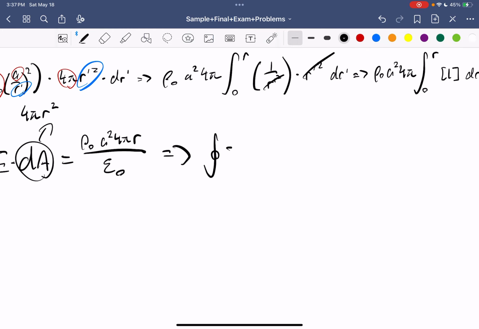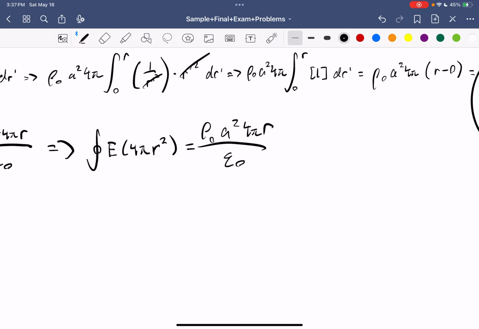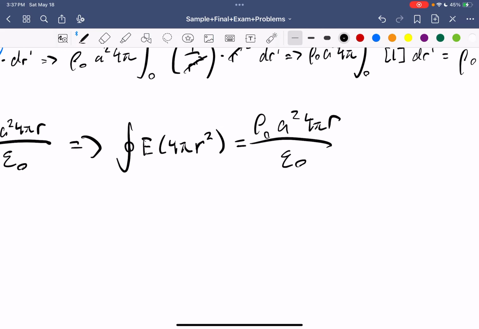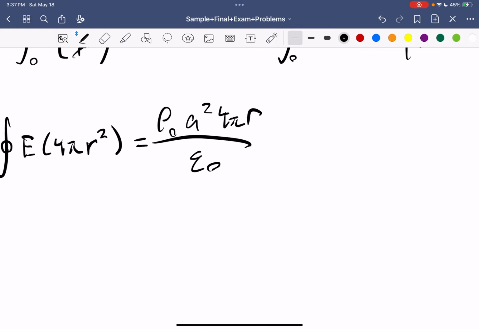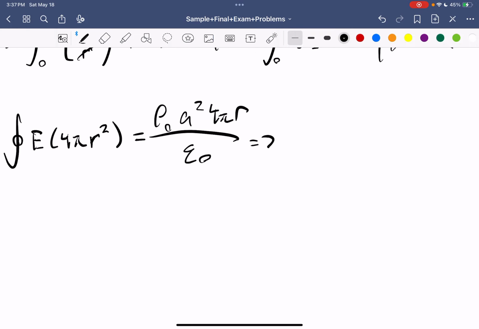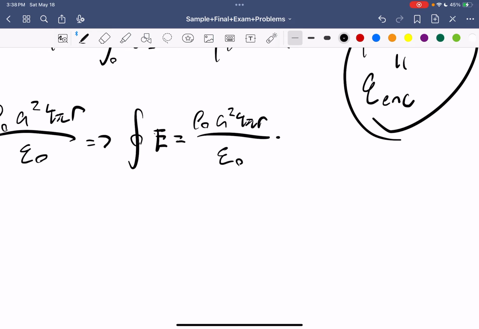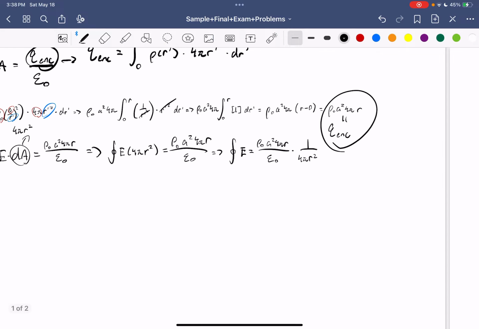So let's substitute that in: E times 4 pi r squared equals rho naught a squared 4 pi r over epsilon naught. Now we're trying to find the electric field, so we isolate E by dividing out the surface area of the sphere, and that gives the electric field equal to rho sub naught a squared 4 pi r over epsilon naught, divided by 4 pi r squared.